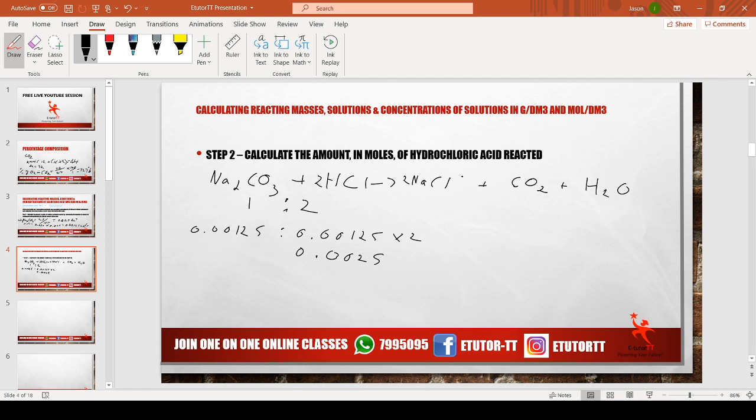So that's the molar ratio there. So you know how many moles of HCl are reacting with sodium carbonate. Alright, so now that we have that, we can move on to the next step.